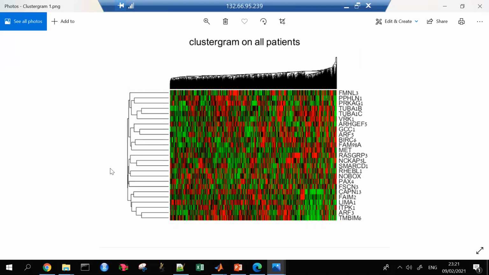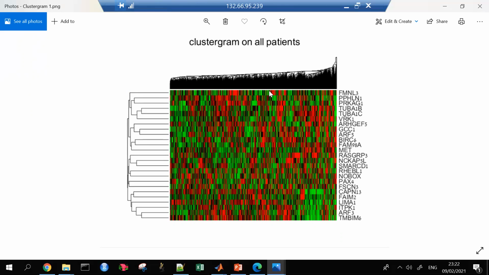And a clustergram is basically a dendrogram which links in a certain way, which I can elaborate later on how it does so, the genes and the patients. I do not need to cluster the patients, but I do. And you can define it to not do so. It's not really important.